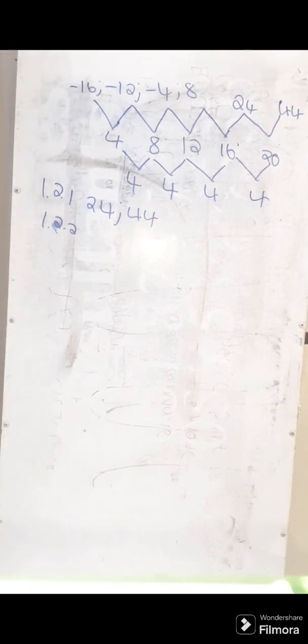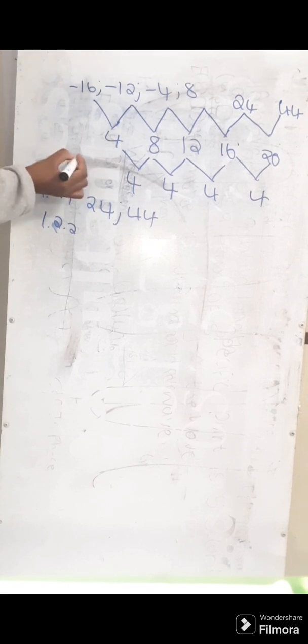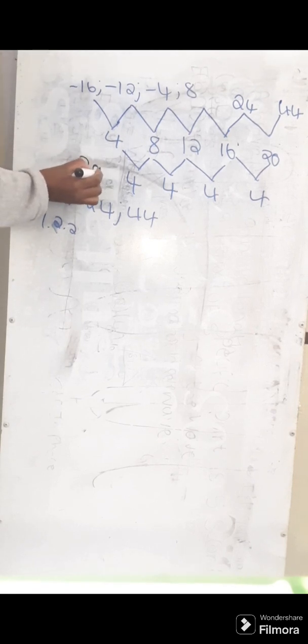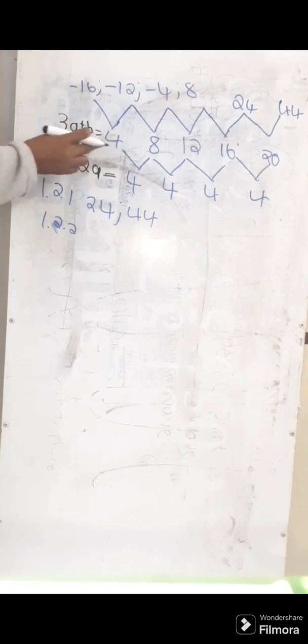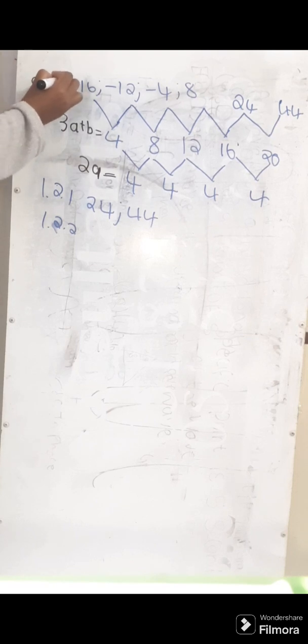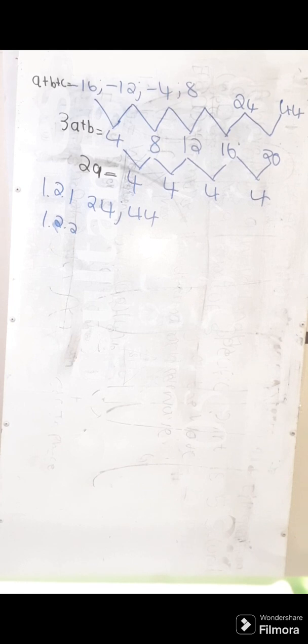On this thing that you have done here to determine the third difference, you are just going to say 2A equals 4. Then here you say 3A plus B equals 4. Then here A plus B plus C equals negative 16. That's how you do it.